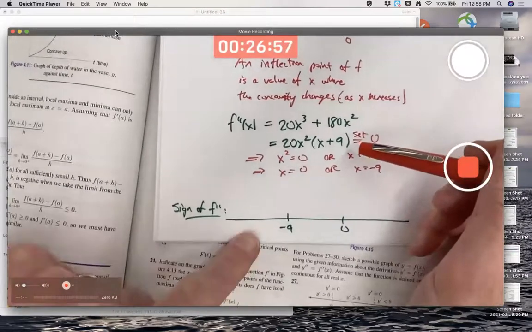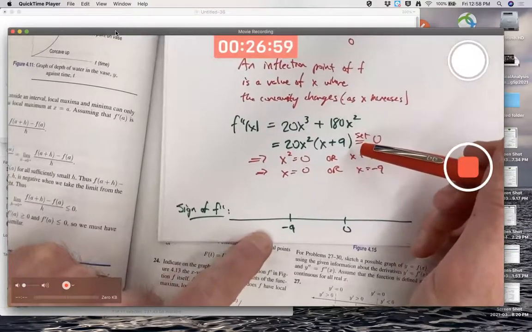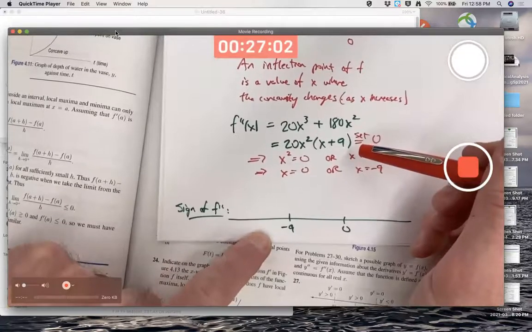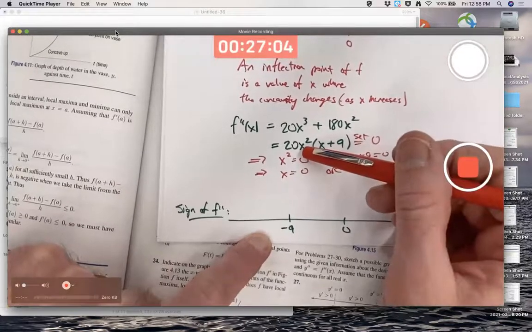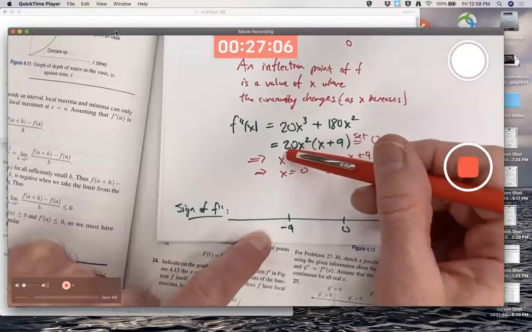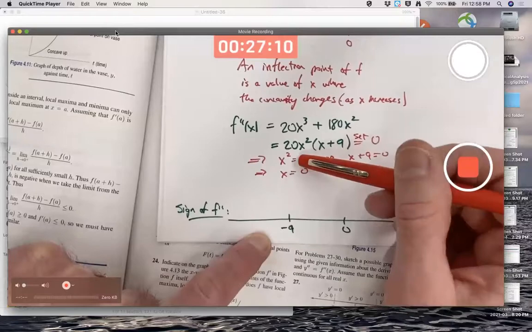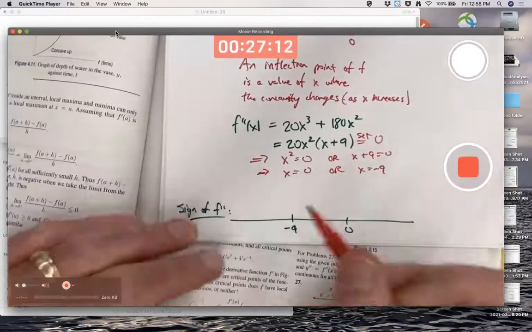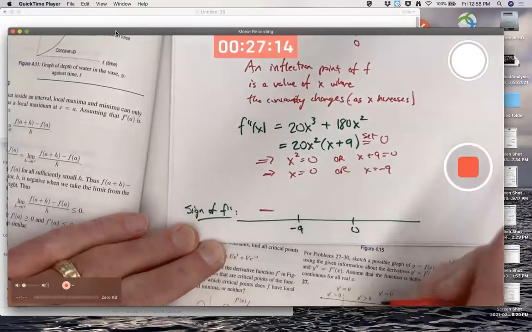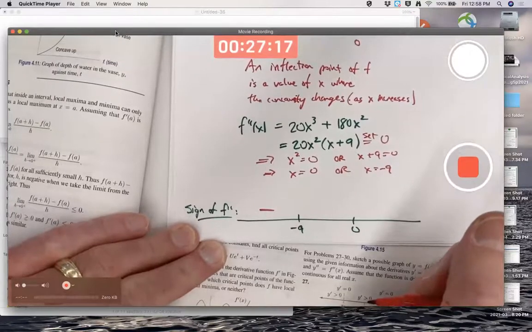Imagine plugging in first a number less than negative 9, like negative 10. Negative 10 squared is positive, times 20 is still positive, but negative 10 plus 9 is negative. Positive times negative is negative. The sign of f double prime is negative when x is less than negative 9.